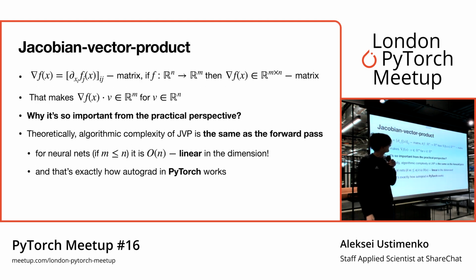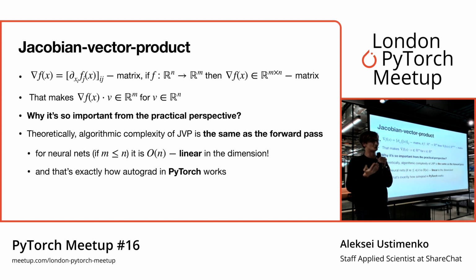Next slide, please. So what is the Jacobian that Autograd calculates? It is just a matrix of all partial derivatives of our neural network, and a Jacobian vector product is when we multiply this matrix by a vector. The interesting thing, and why PyTorch built their Autograd library around the Jacobian vector product, is that it has the same algorithmic complexity as just a forward pass of the neural network.